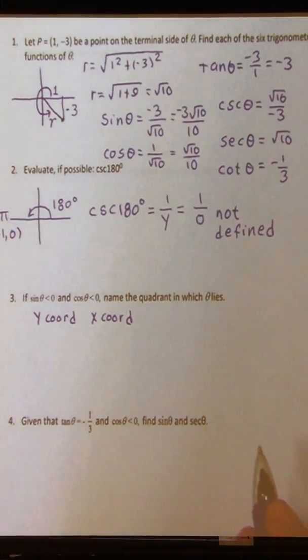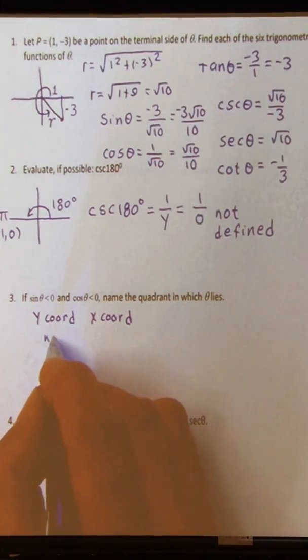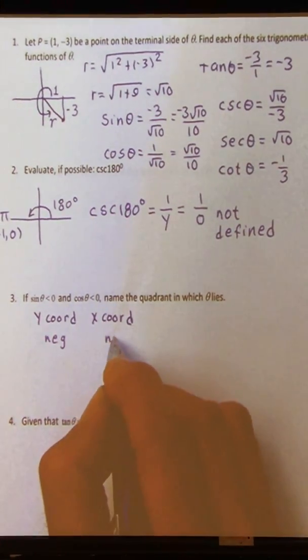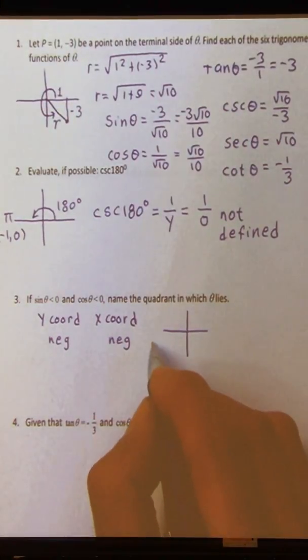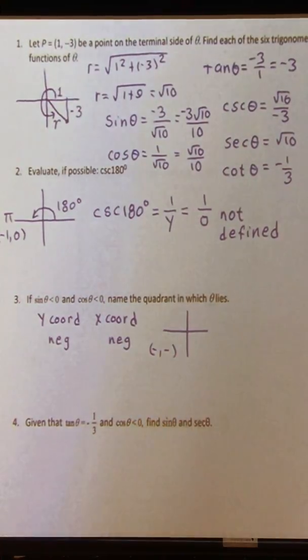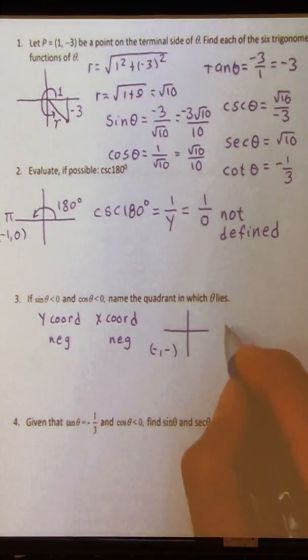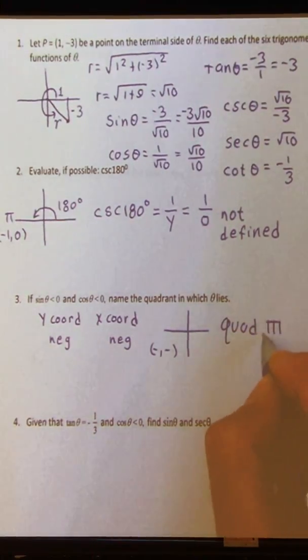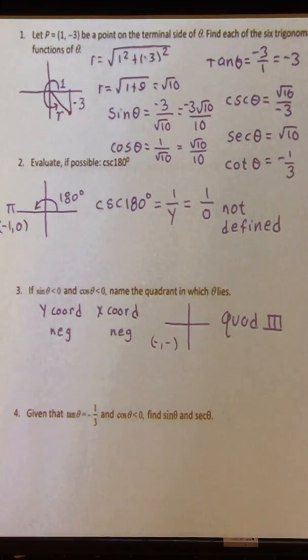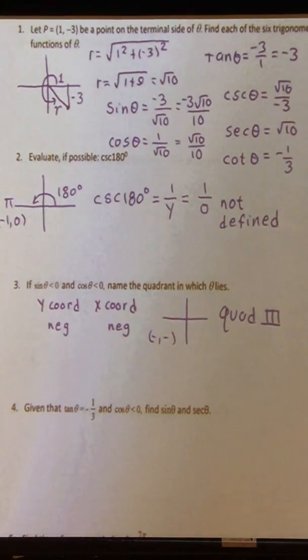And now think, where is the y coordinate negative and also the x coordinate negative? Which quadrant would that be? In the third quadrant, both y and x are negative. So it must be quadrant number 3 is where the angle would be located to have a sine and cosine that are both negative.